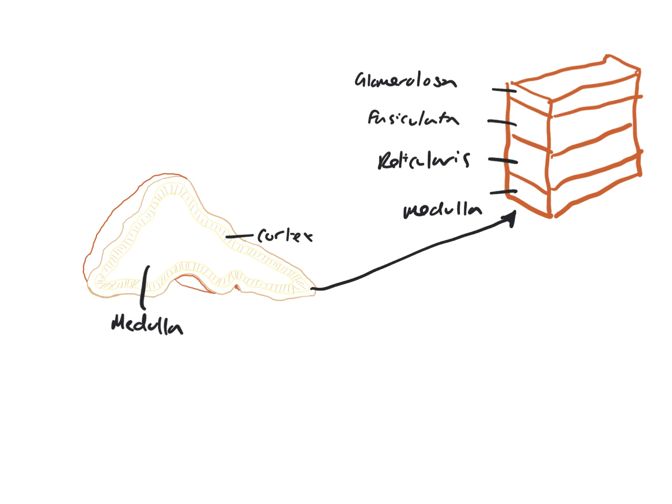And you can see that initially I have labelled two distinct sections of this tissue. So we have the cortex, which as I have said already, this particular part of the adrenal gland is going to be controlled by the pituitary gland. And we then have the medulla, and this part of this tissue is neuronal tissue. It's actually your post-ganglionic neurons.